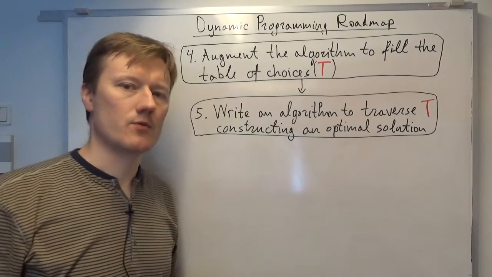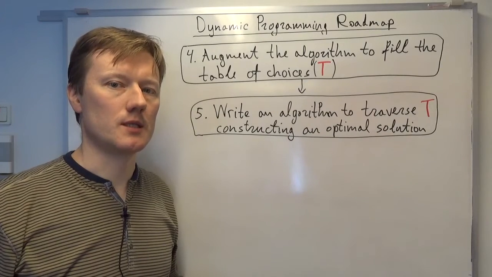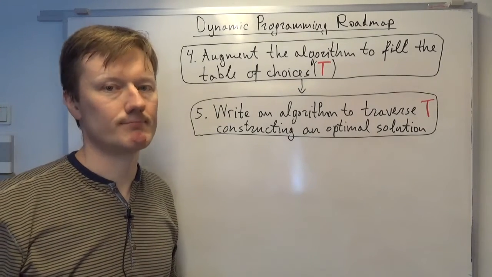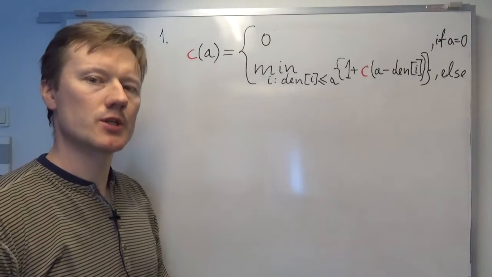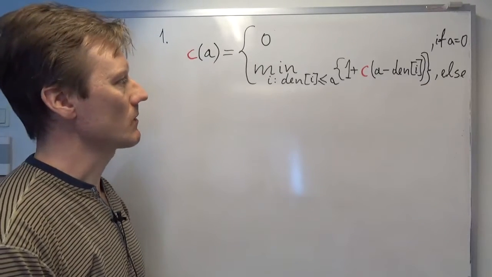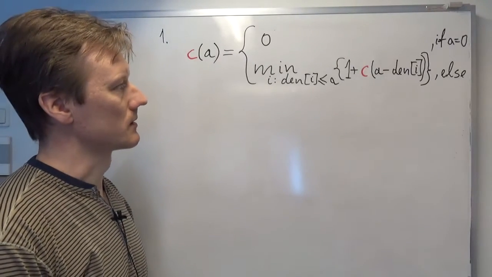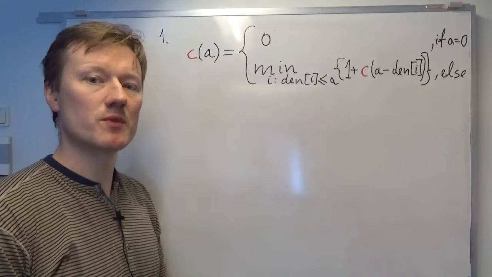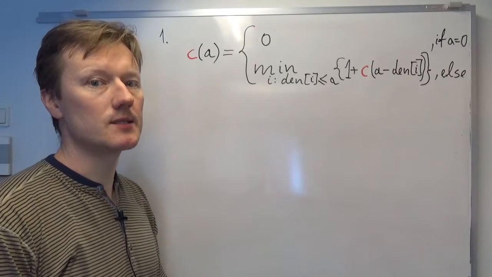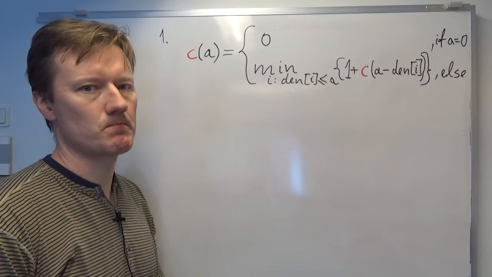So let's see how this works on the example of coin changing. For the coin changing example, we want to write a recurrence for the minimum number of coins that are needed to change some given amount.